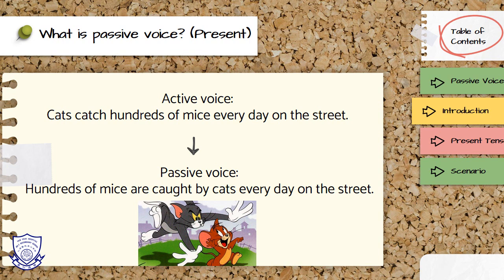So you see, most of the words here are almost the same when you compare the sentence in the active voice and the sentence in the passive voice. But it takes a little bit more explanation to make sure that you understand what is going on.